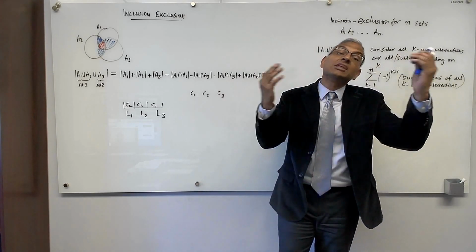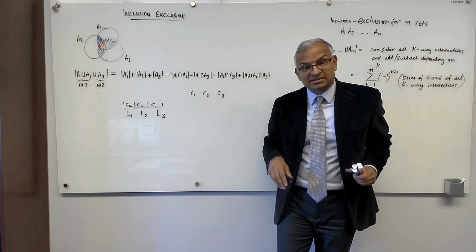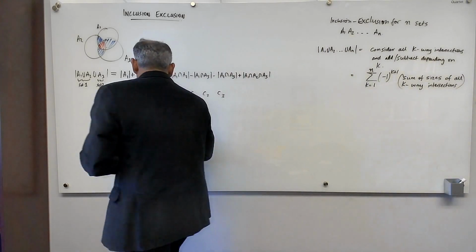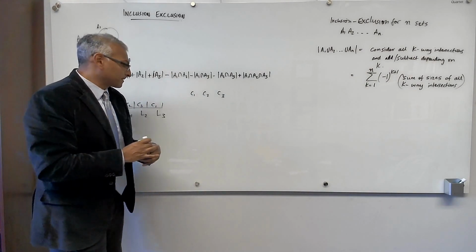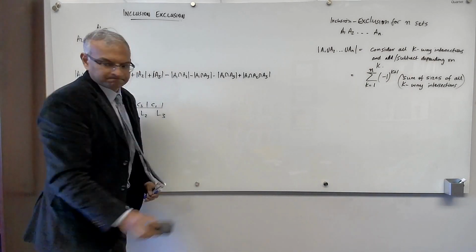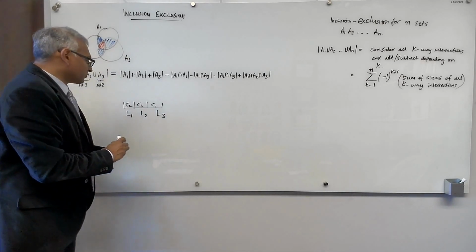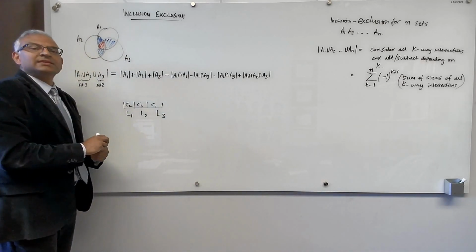Now, there's a build-up way to count the derangements, and you can see the text for that. I'm going to show you the inclusion-exclusion approach to counting the derangements. So let us define the number of ways in which lady 1 gets back her coat.